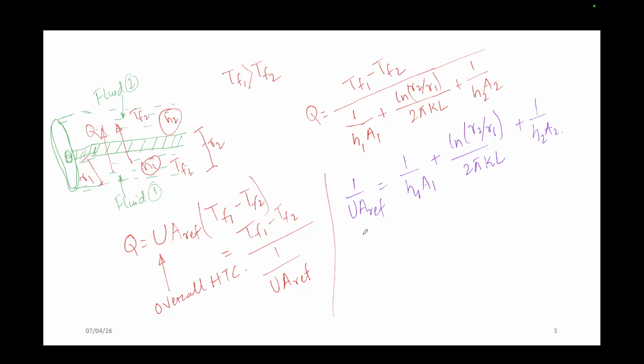Now if I have to find U, say I am taking the inside area, it will be A1, right? So I can write 1 by H1 A1 plus ln R2 by R1 by 2 pi KL plus 1 by H2 A2, and you can cancel A and you will get U, right?